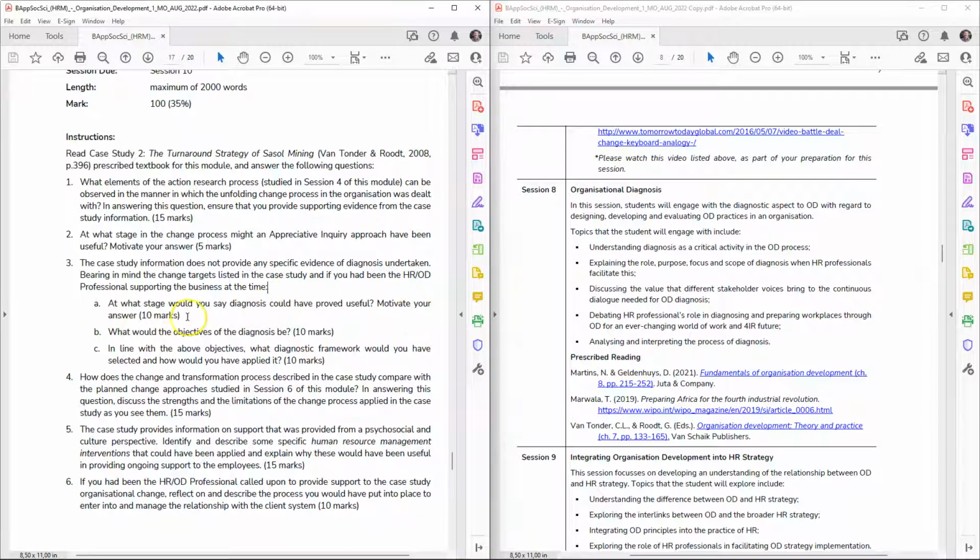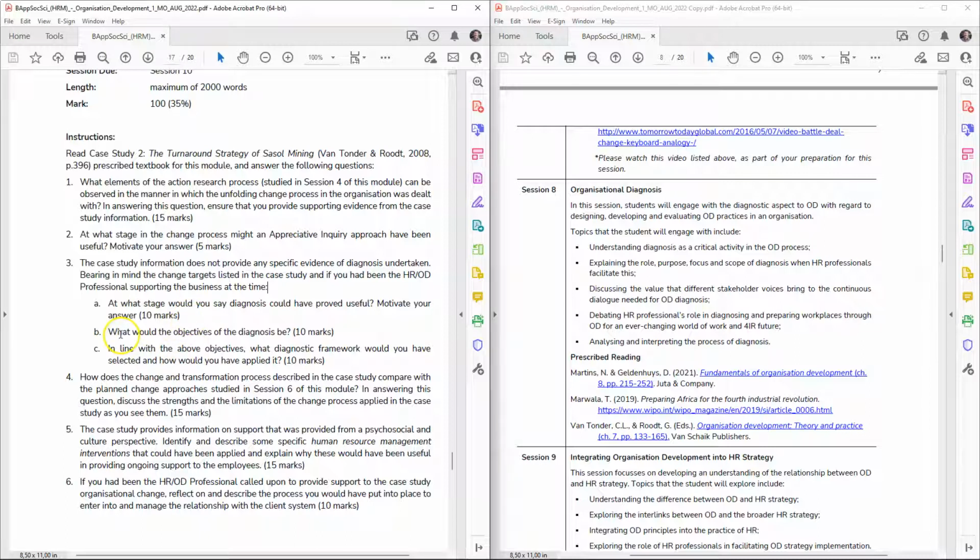If you can motivate your answer in terms of the purpose of diagnosis and the particulars of the case study and how that unfolded, there is some leeway for you. So again, there's not a particular model answer, but there are probably, in context of the case, more logical places than others in the stages of the case study.